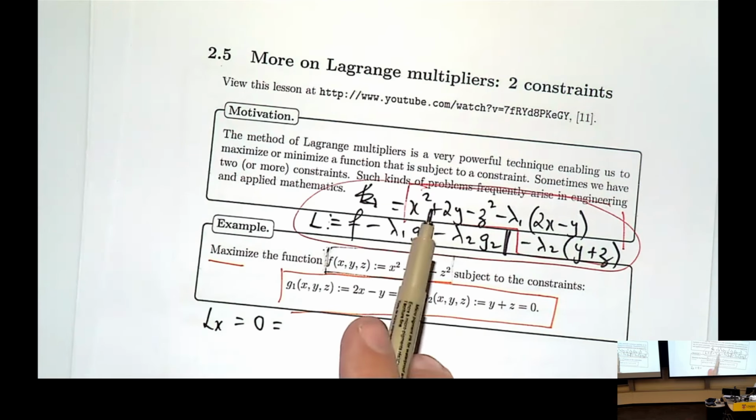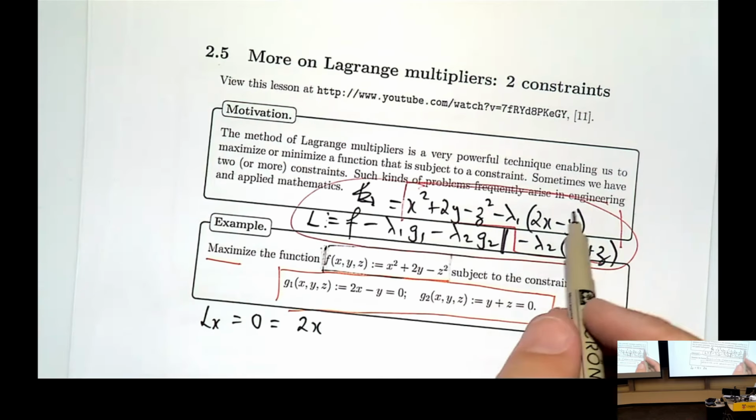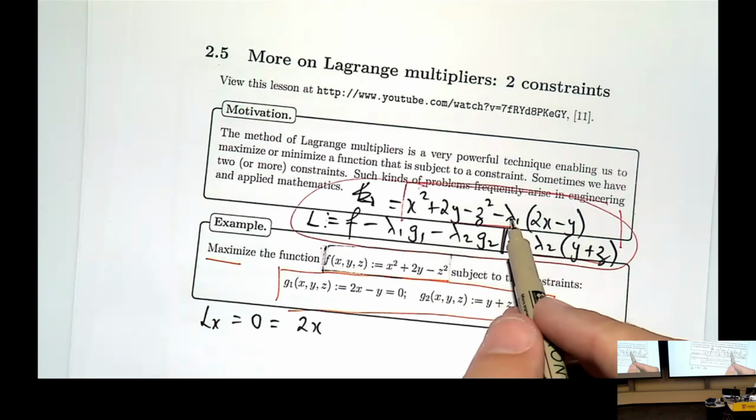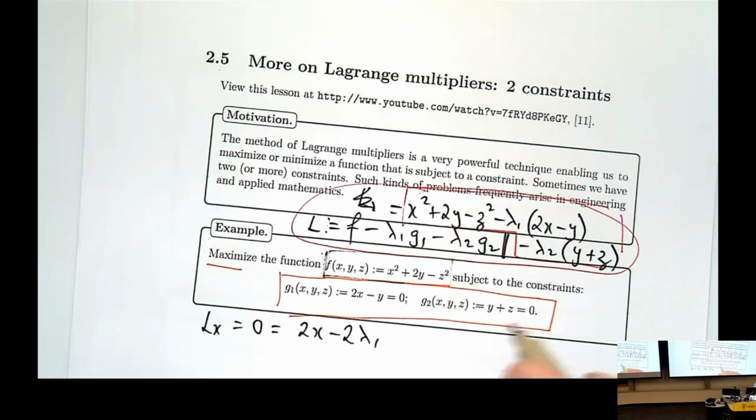Derivative with respect to x: that'll become 2y, that'll become negative 2 lambda 1, and that's just 0.